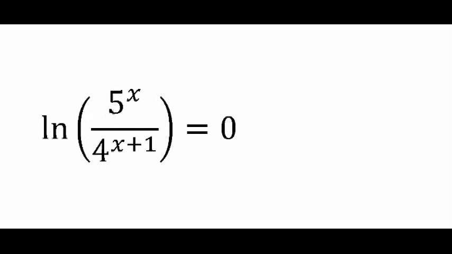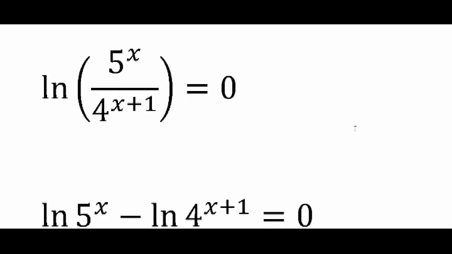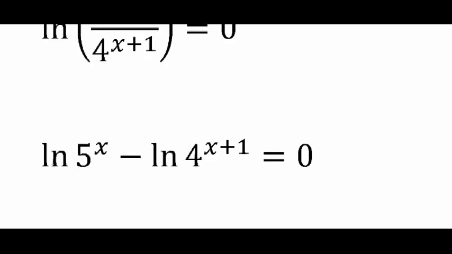That's right. If you have the logarithm of a divided by b, it becomes log of a minus the log of b. So here we say this becomes the logarithm of 5 to the x minus the logarithm of 4 to the x plus 1 is equal to 0.